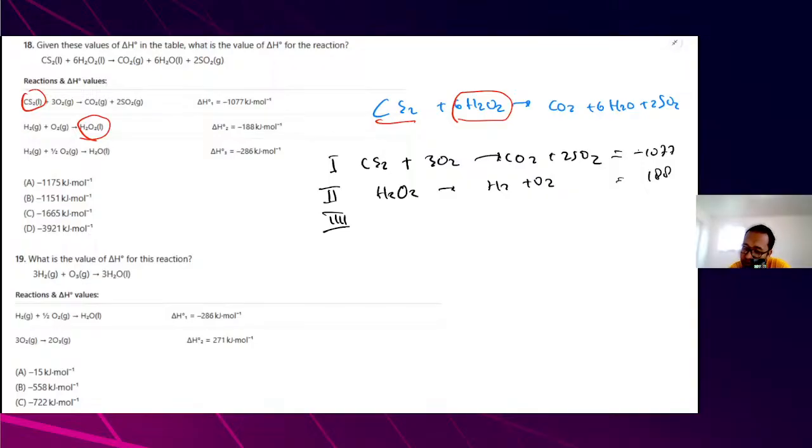Probably because there is no H2O on the left side, I think this one is better. Also unique, right? H2O. We can put H2O over here. Okay, so we do not need to reverse it, just put it in the original form.